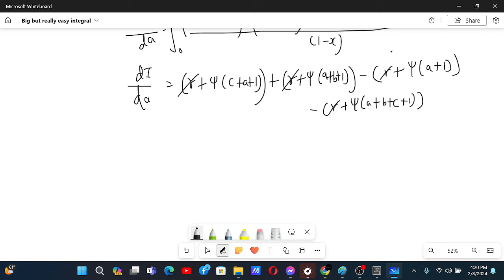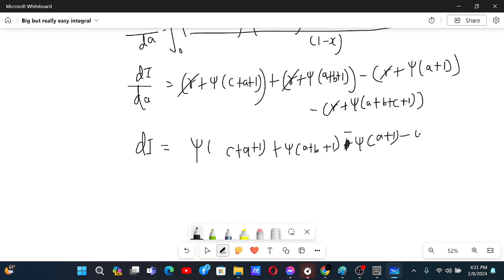Then we can take da to the other side and integrate. dI equals digamma of c plus a plus 1 plus digamma of a plus b plus 1 plus digamma of a plus 1, sorry, not plus, this is minus digamma of a plus b plus c plus 1, and over here we have da.